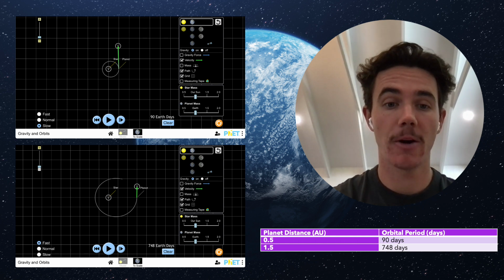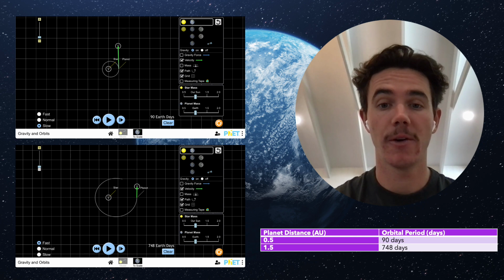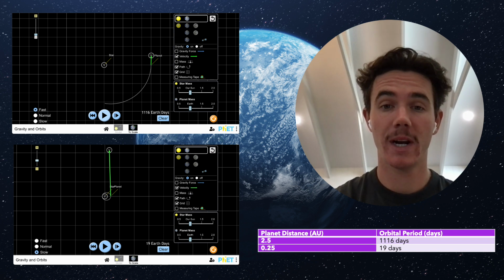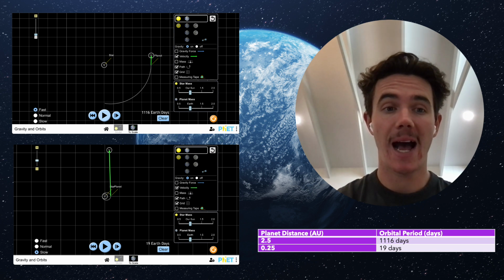And in the second experiment, I've increased the distance to 1.5 AU, which has increased the orbital period to 748 days. Now for our third experiment, what we have done is we increased the planet distance to 2.5 AU, which has increased the orbital period to 1,116 days. For the fourth experiment, we've done something a little bit different.